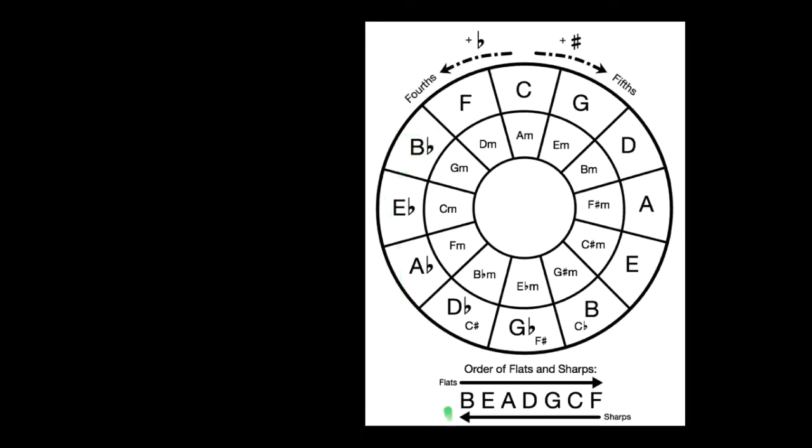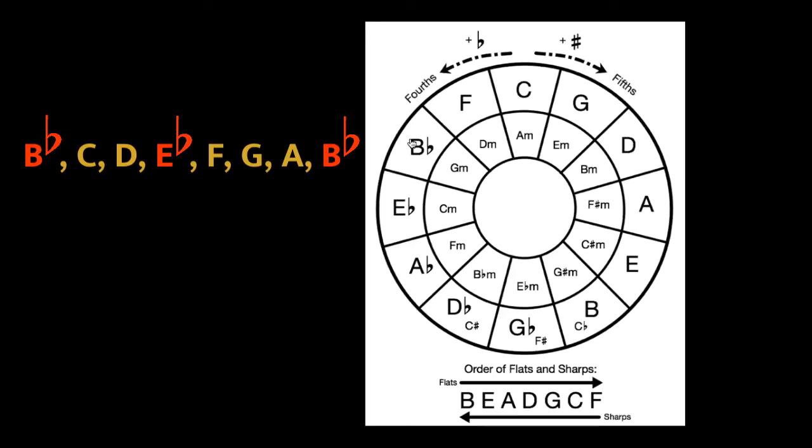So again, you go down here to the order of flats and sharps. You see flats are added from left to right. The first 2 flats, since we're adding 2, are what we'll use, B and E flat. So that makes the B flat major scale: B flat, C, D, E flat, F, G, A, and B flat.